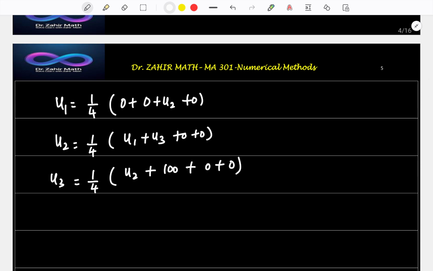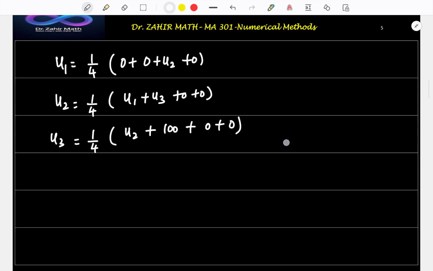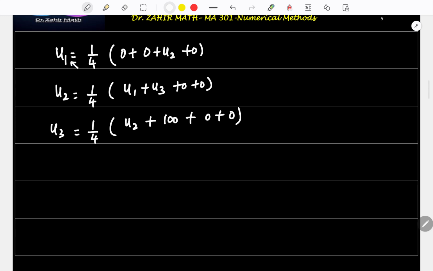So we got three equations in u1, u2, u3. In the same manner, just cross multiply. 4u1 equals u2, which implies 4u1 minus u2 plus 0 u3 is equal to 0.